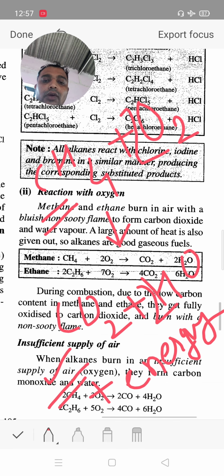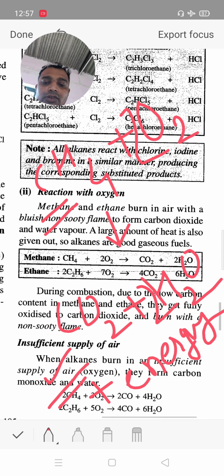It is a properly balanced reaction: CH4 plus 2 O2 gives CO2 plus 2 water molecules and energy, when methane reacts with oxygen.